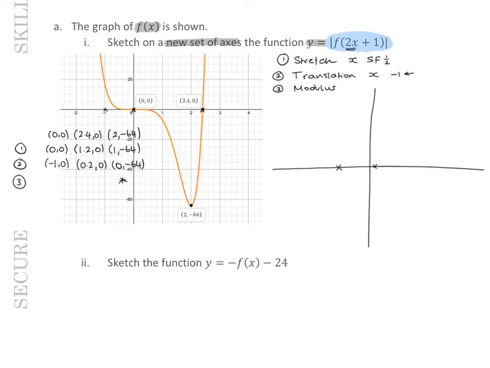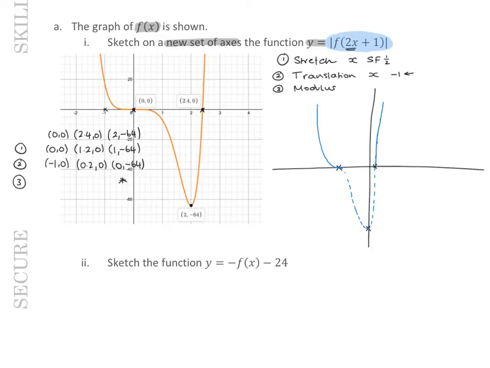So 0, minus 64 is down here. So my function is going to look like this. And I'm going to dot here because it's below. And then it comes straight back up. So you can see it's been squished as well as moved.